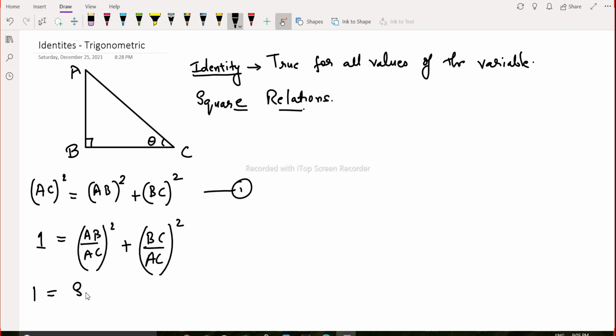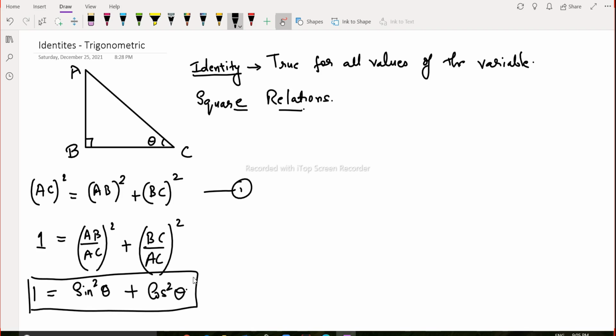So this is sine square theta plus BC upon AC. BC is adjacent, AC is hypotenuse, so this is cos theta. So this is cos square theta. This is your first identity. It is true for all values of theta, and therefore it is known as an identity.